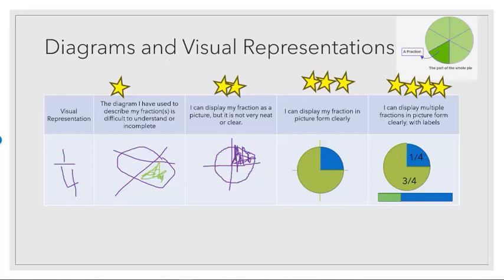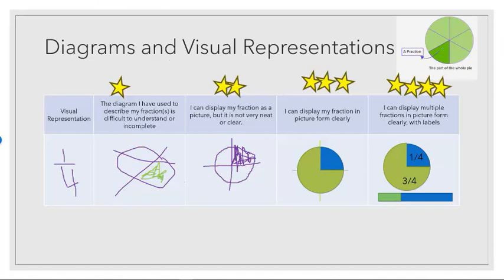Or you could use a number line. That's another way of representing your fraction visually. So you end up with really clear explanations and diagrams around your fraction. So anyway, let's go on to our next slide.